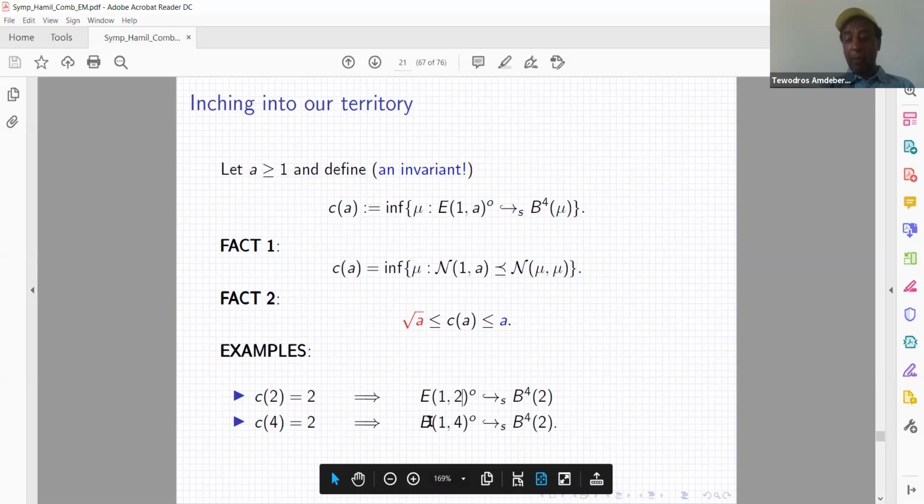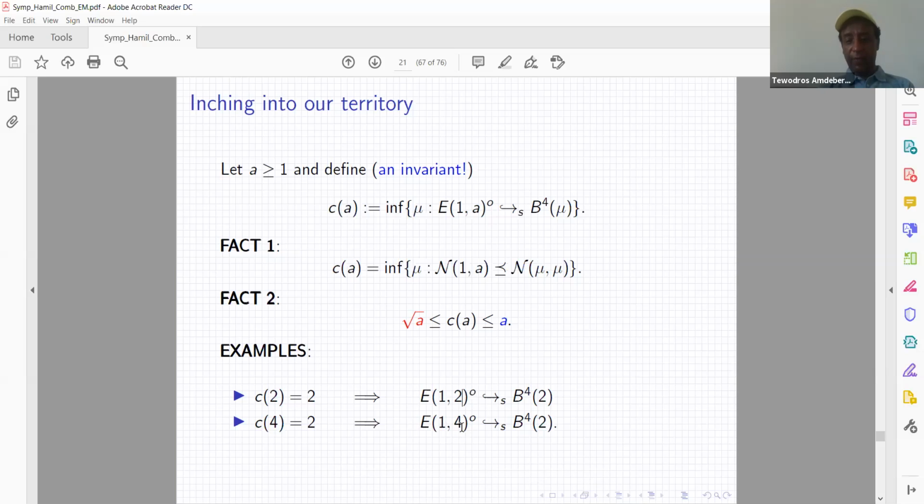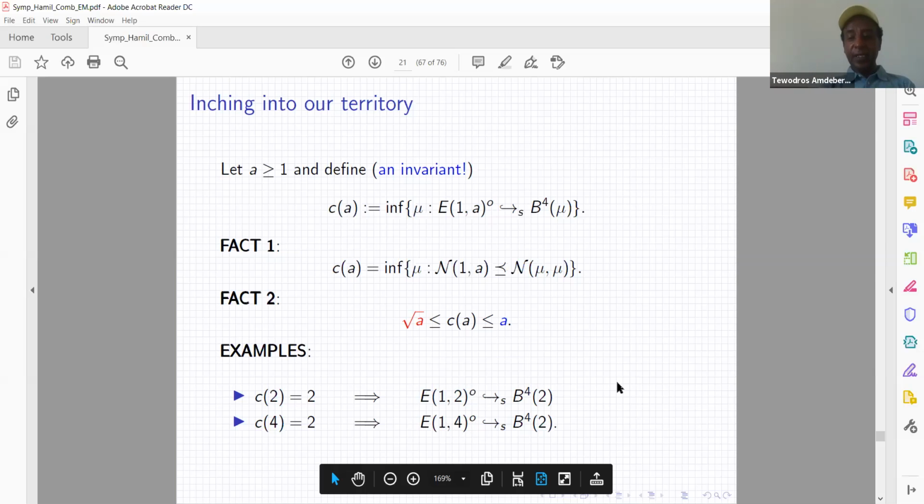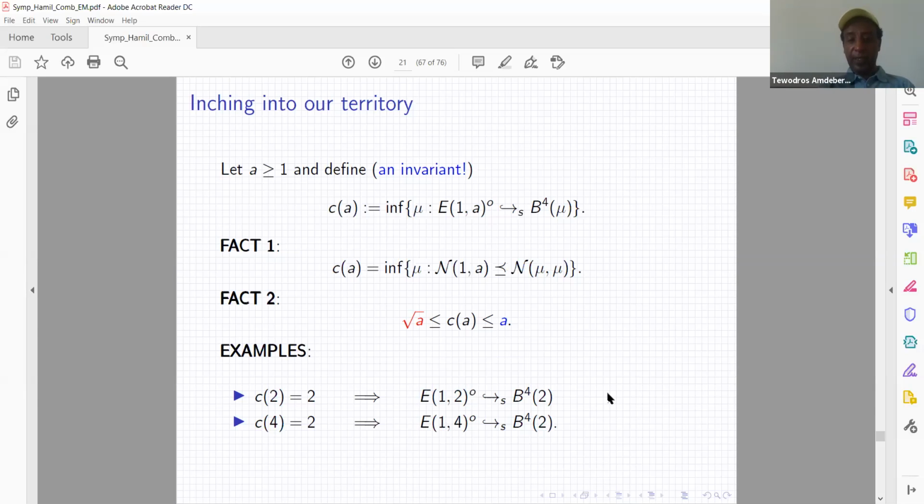Although this one has a bigger size than this one, nonetheless, because it is more oblong, it allows for twisting. So there is a flabbiness property, there is also a rigid property of this symplectic geometry embedding.